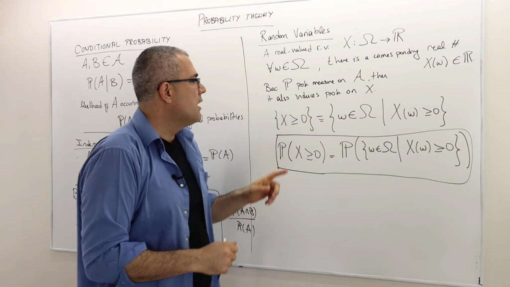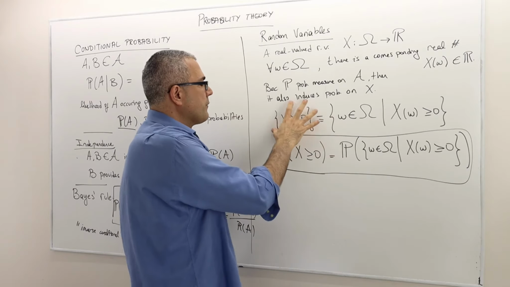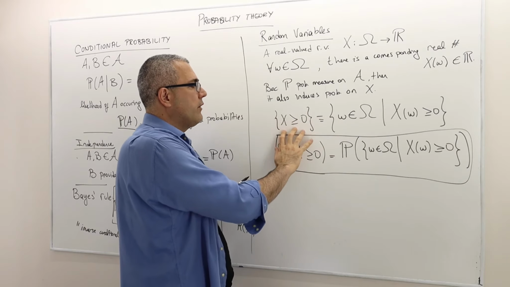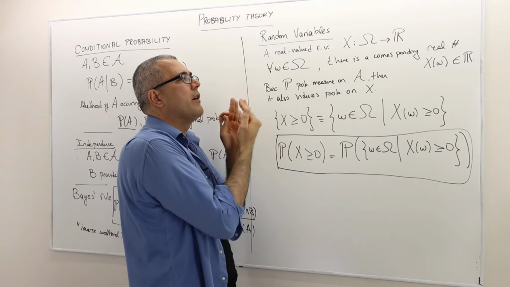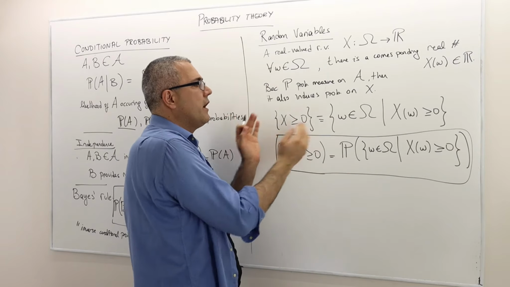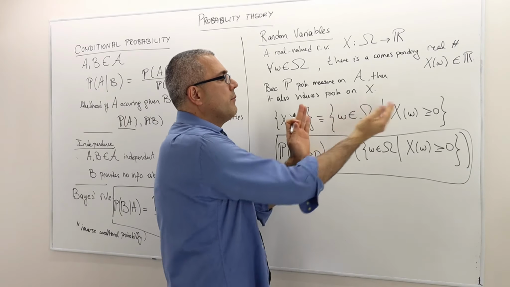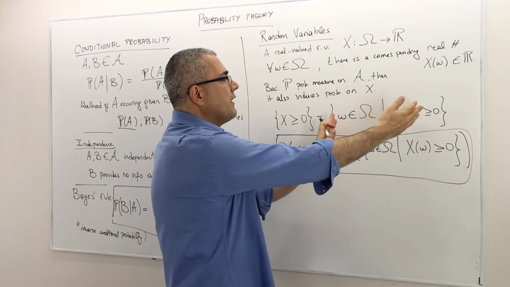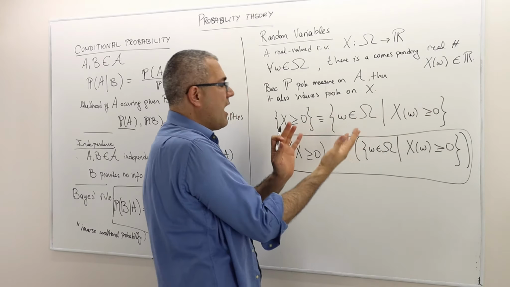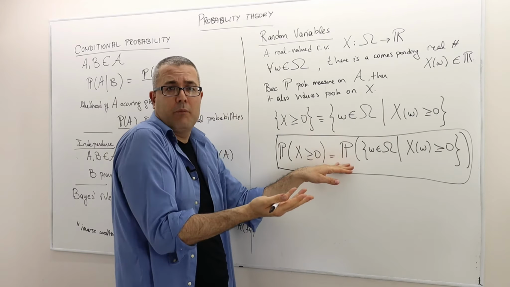Be careful. Therefore, I can relate the cases where my random variable is non-negative to the set of all possible outcomes where my random variable is mapped into a non-negative number. This creates an event, and I know how to calculate the probability of an event because P is a probability measure.